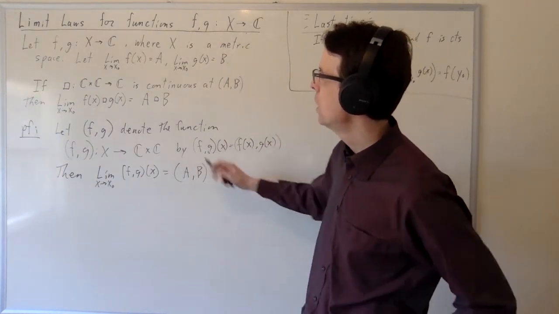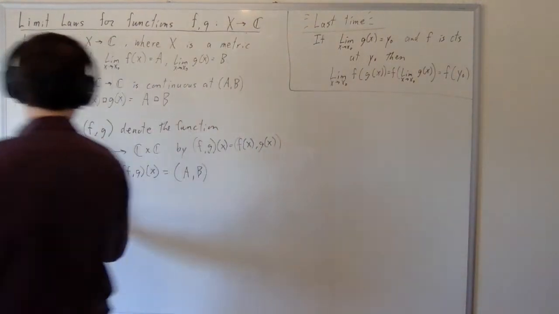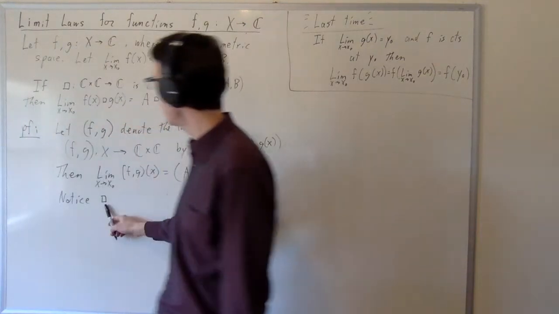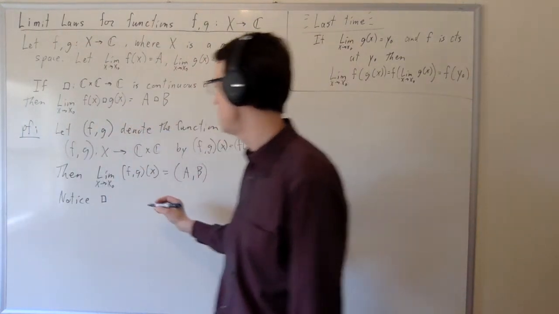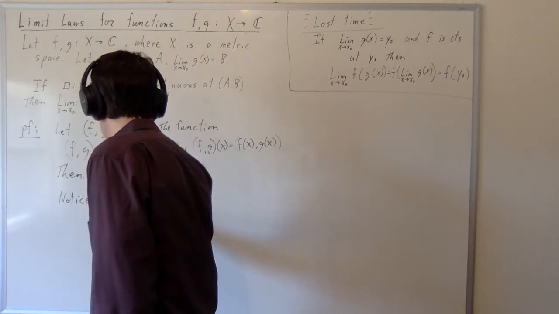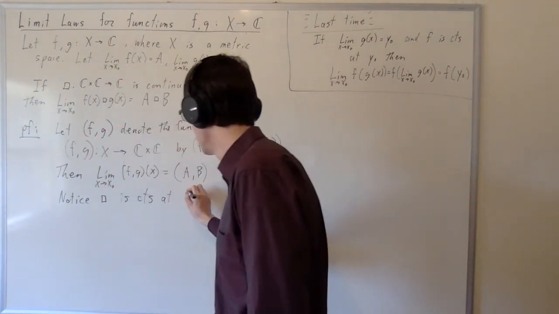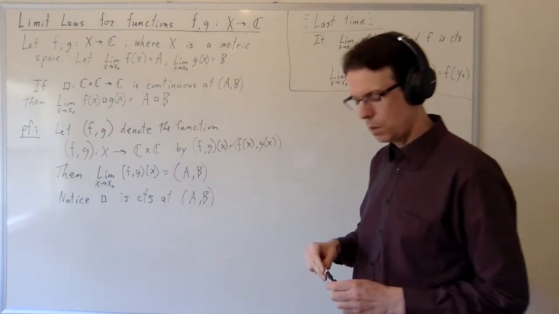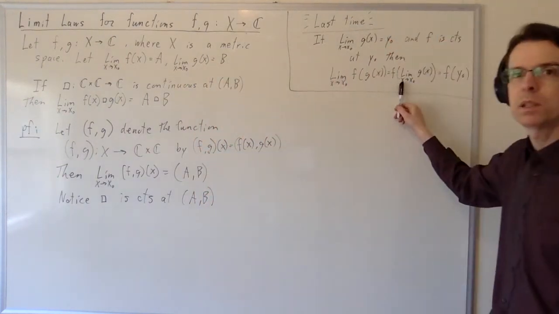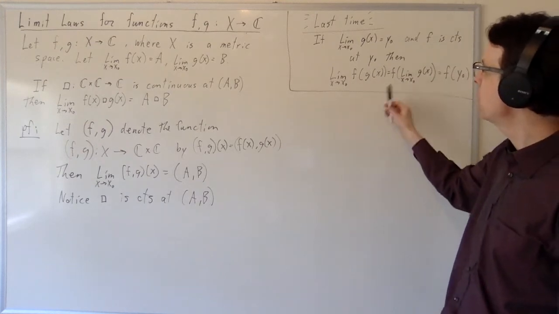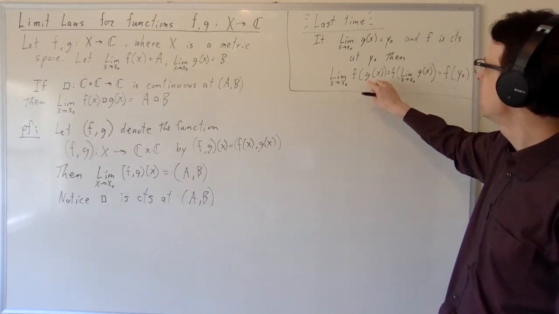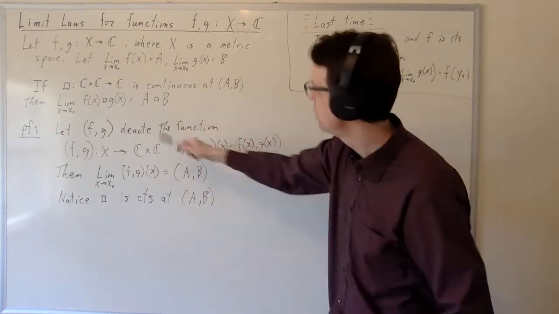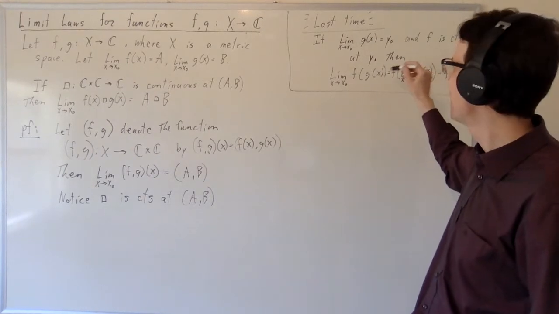Okay, so that's interesting. Well, we also have box. Notice this box, whatever it is, this arithmetic operation is assumed to be continuous at a, b. So box is continuous at the point a, b. And if we think about this carefully, we are actually already in the situation described here. We have a composition of two functions. The letters f and g don't match the letters f and g here.